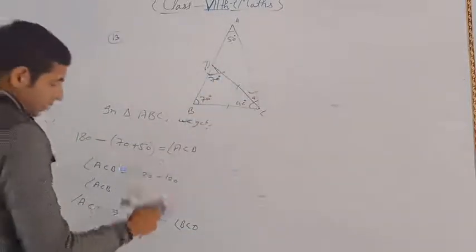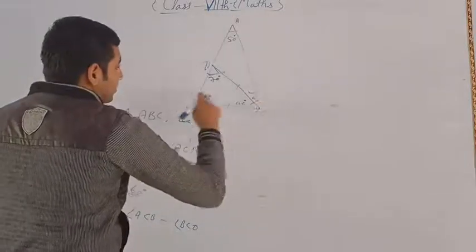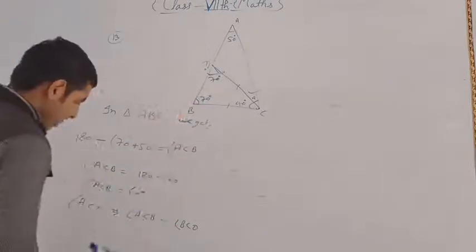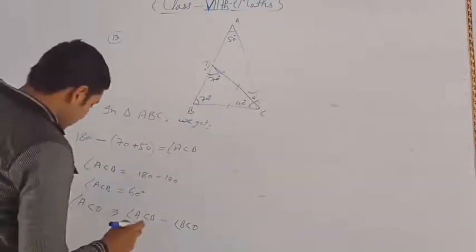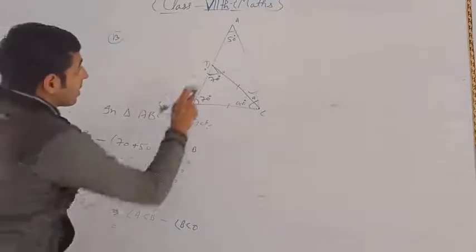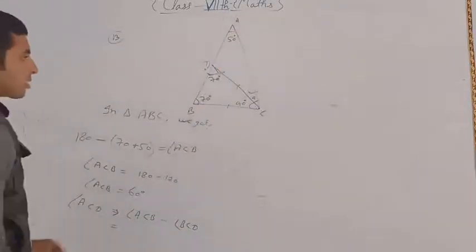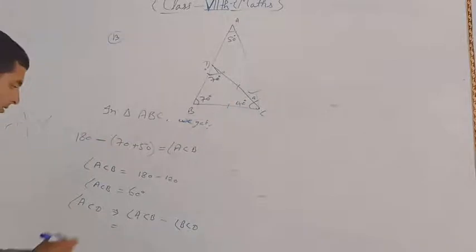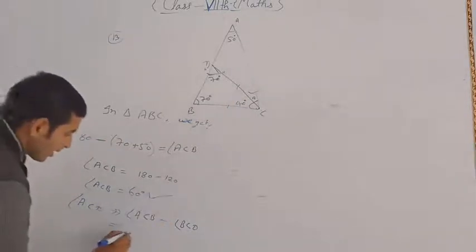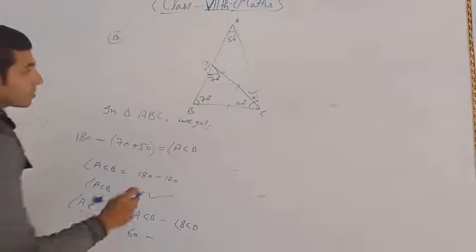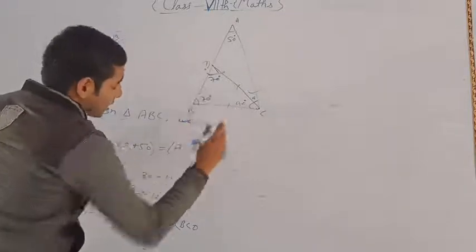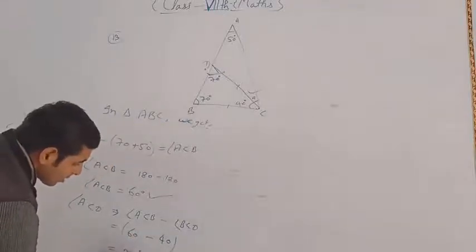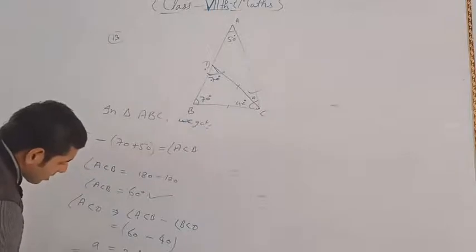So angle ACD is equal to angle ACB minus angle BCD. We have to find angle ACD. So ACD is equal to 60 minus BCD, which is given as 40. So 60 minus 40 is equal to 20 degrees. This is the value of A.